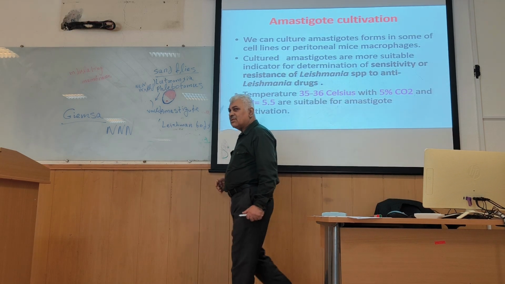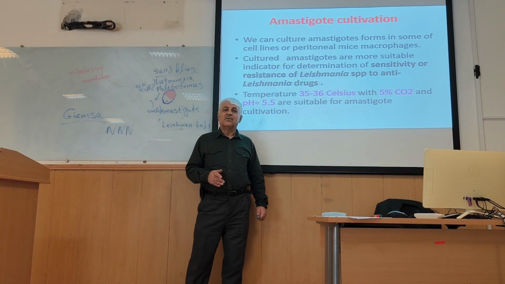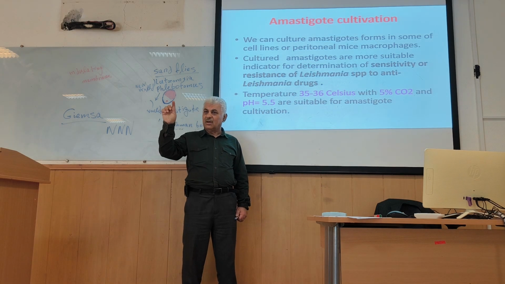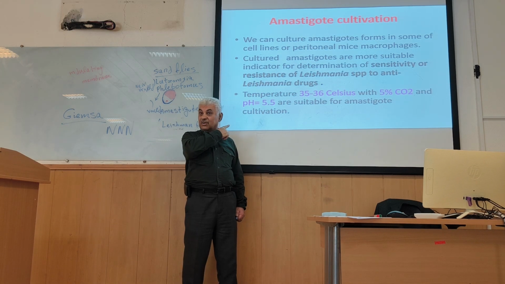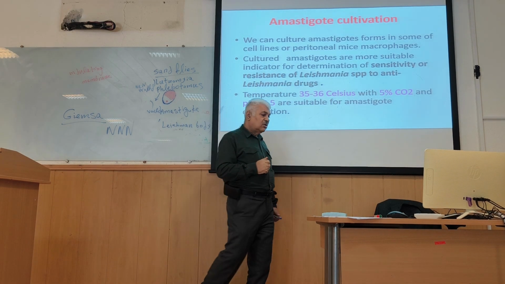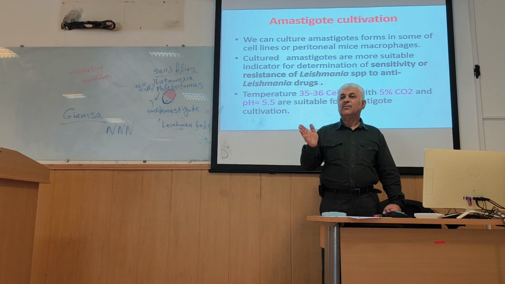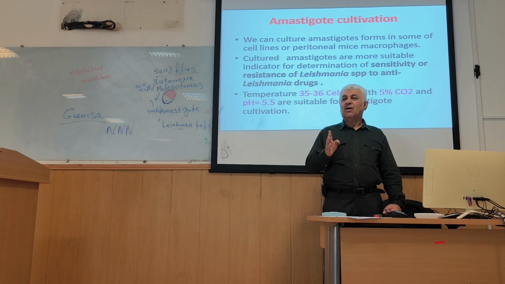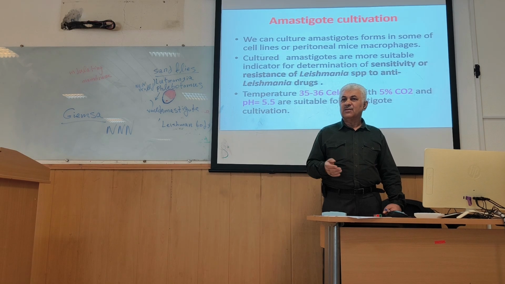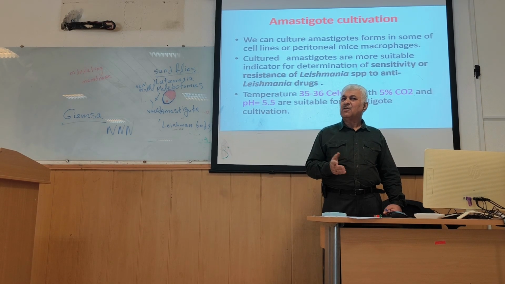So for diagnosis, we use promastigote culturing, not amastigote culturing. Amastigote culture is used to determine the susceptibility to anti-leishmania drugs, not for diagnosis, because it is very difficult.